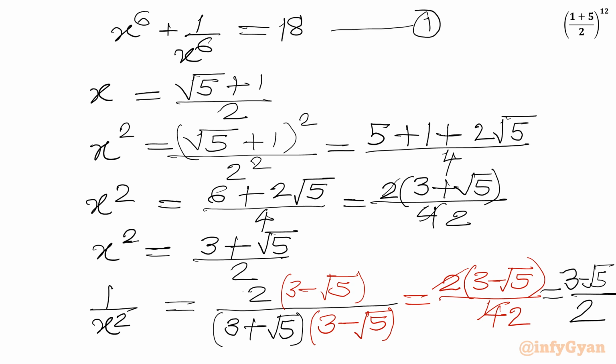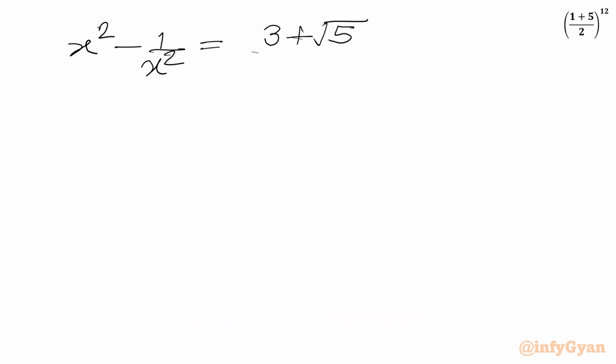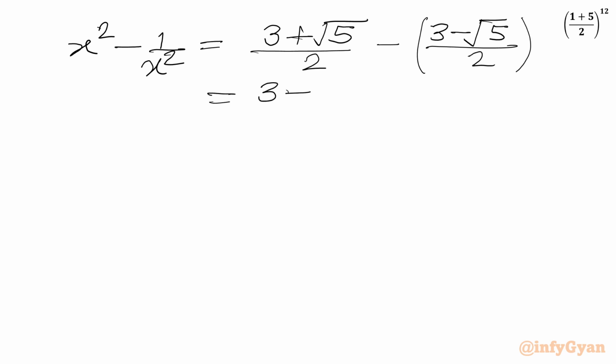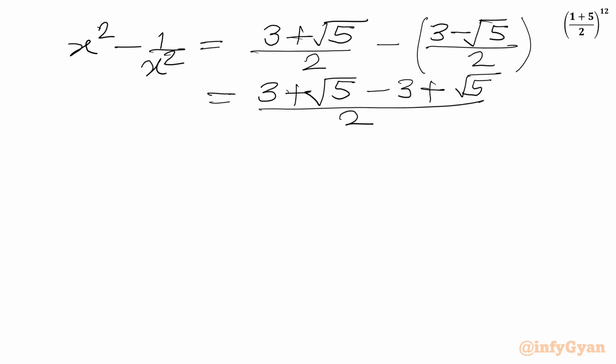Now I will subtract 1 over x square from x square. So I can write x square minus 1 over x square will be equal to (3 plus square root 5) over 2 minus (3 minus square root 5) over 2. So we can write (3 plus square root 5) minus (3 minus square root 5) over 2.